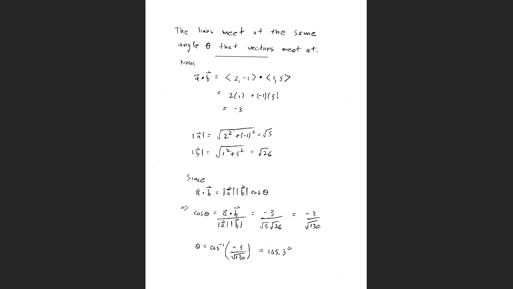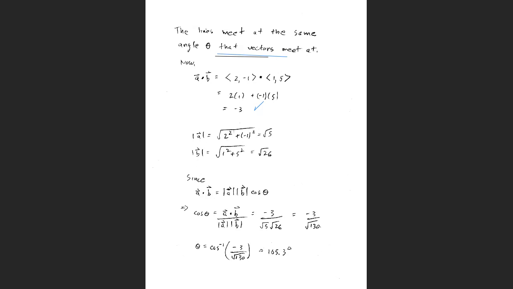Okay, so the angle between the two lines is the same as the angle between the two vectors A and B. So we compute the dot product between A and B. That's right, Jamal's right about the dot product.